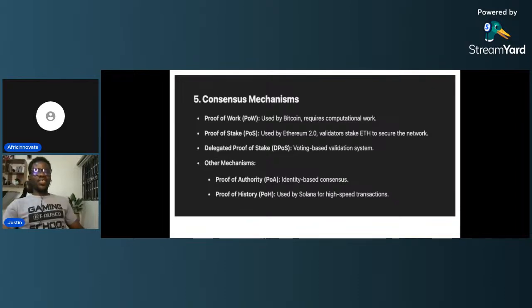So in proof of stake, we have validators. Before you become a validator, you need to stake 32 Ethereum. When you stake 32 Ethereum, you can now be called a validator, and you are given the opportunity to add transactions as a block. Then there is also a penalty for a validator.